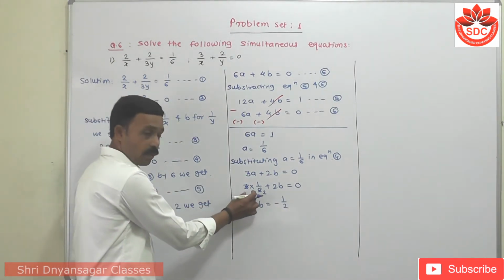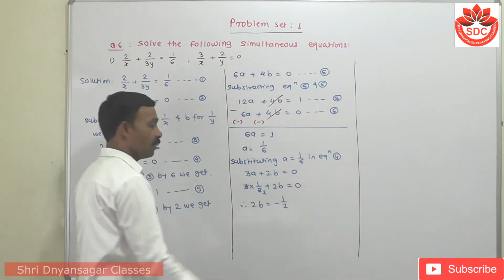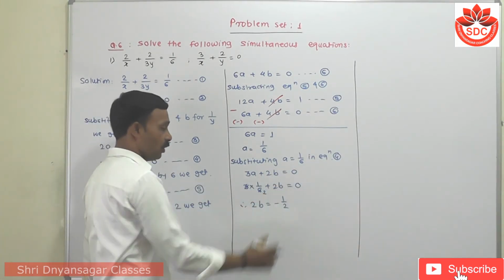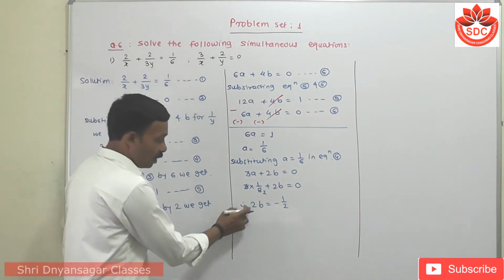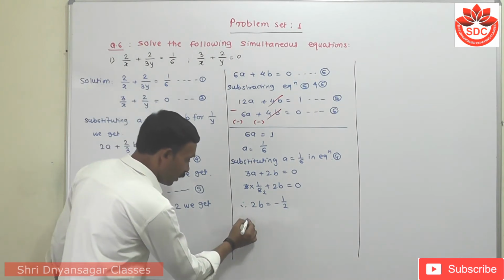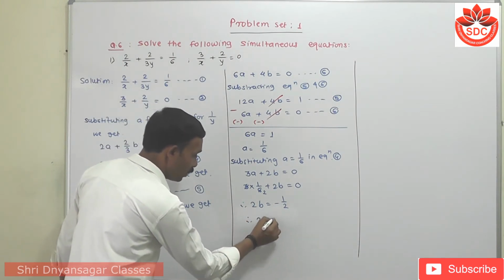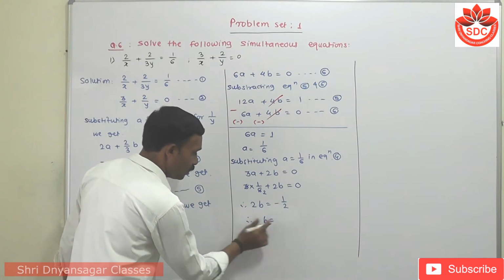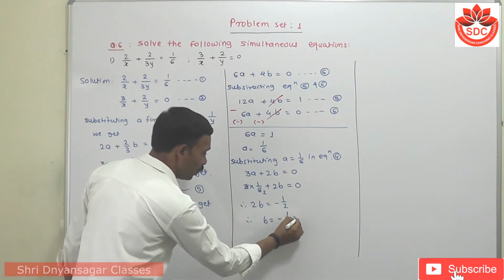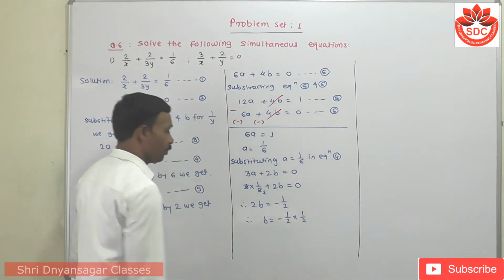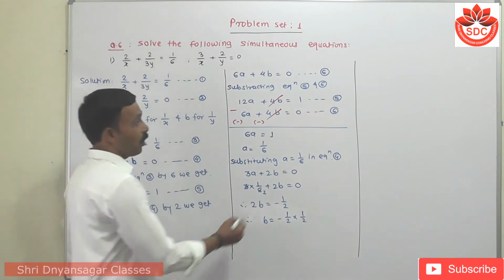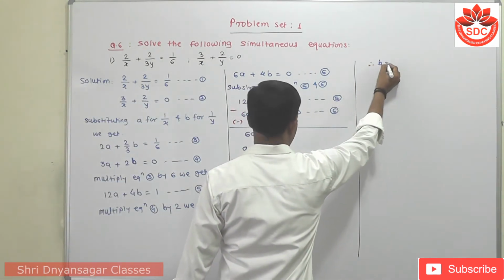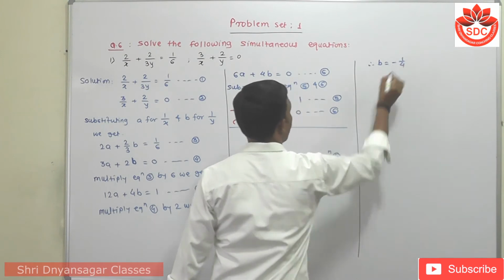Here it is plus 1 upon 2; on transposing it converts to minus. I have not written the 0. Then this 2 again goes to the denominator. Therefore b is equal to minus 1 upon 2 into 1 upon 2. Then this product gives the value of b as minus 1 upon 4.